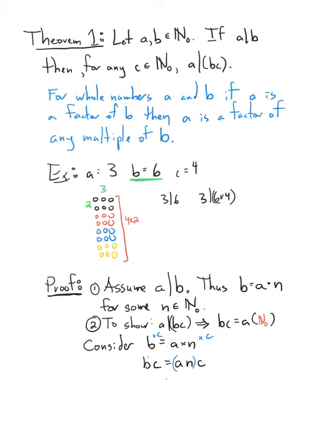So I can group these however I like. So B times C is the same as A times N times C, where I group the N and the C. And that's what's going on here, right?